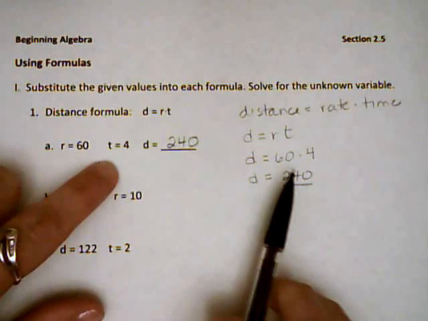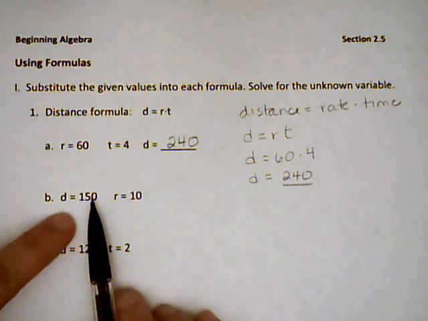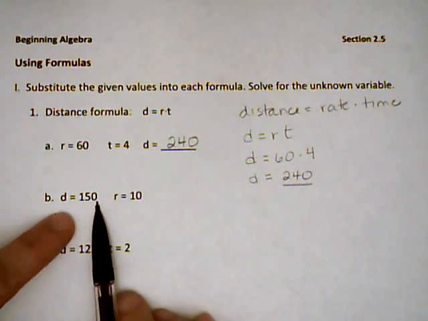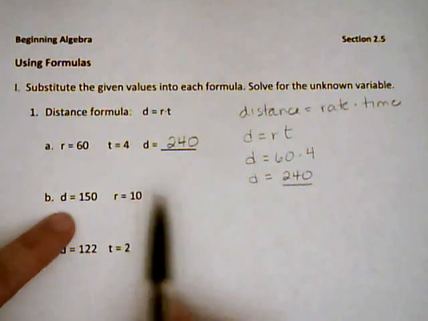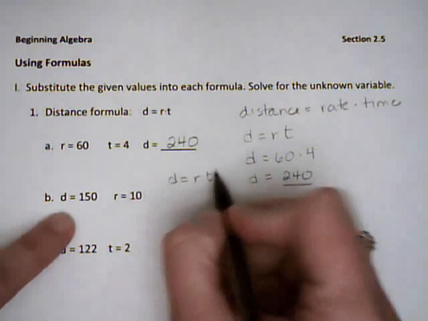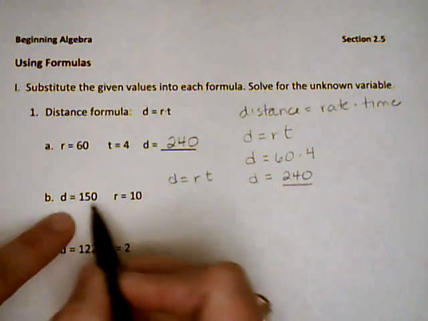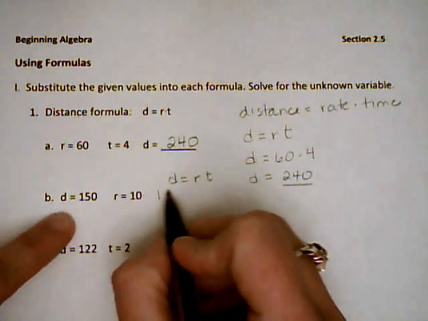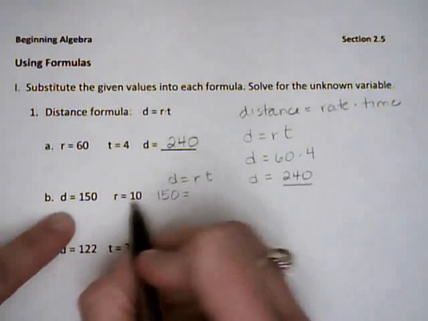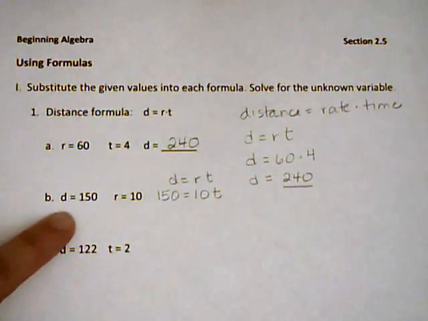But this is not the only way that you could use the formula. If we look at B, it says D is equal to 150, R is equal to 10. Again, they want you to take that formula, plug in what you have, and solve for what you don't have. I have 150 in the place of D, 10 in the place of R, but I don't know what T is.